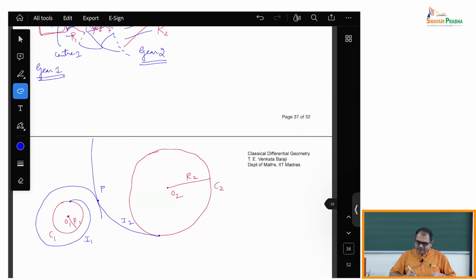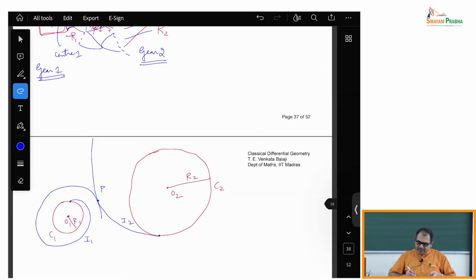The first important thing that you should notice is that you take any point on the involute and you join it to the starting point. That will be normal to the involute, and that line will also be tangent to the original circle.